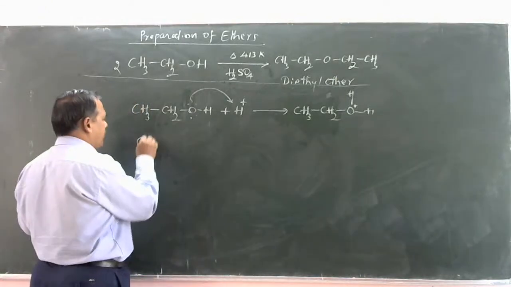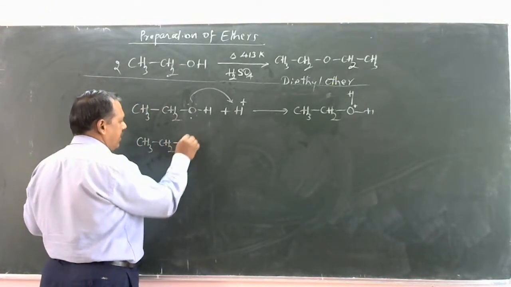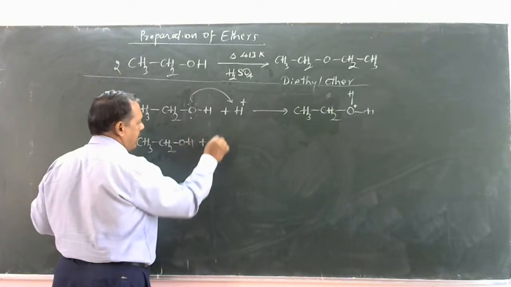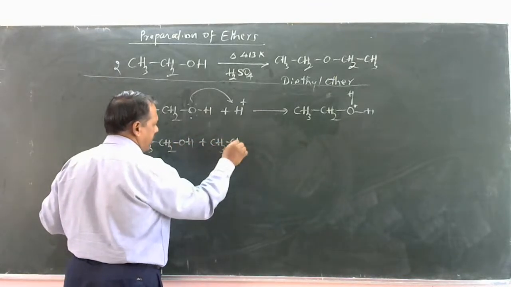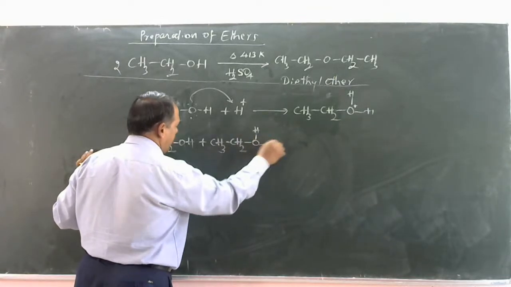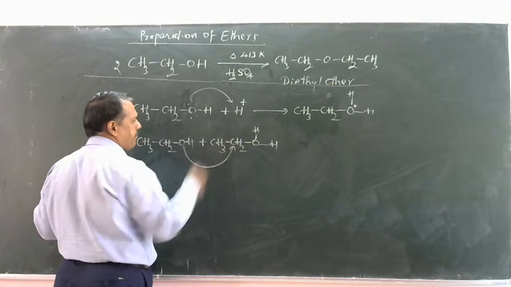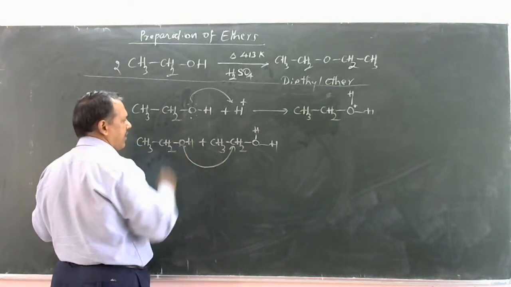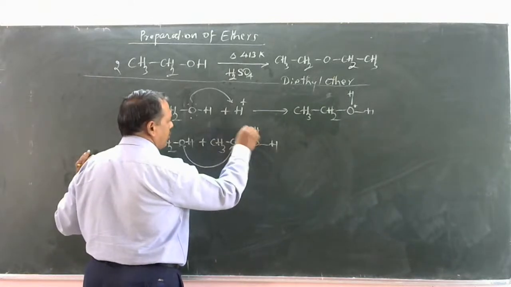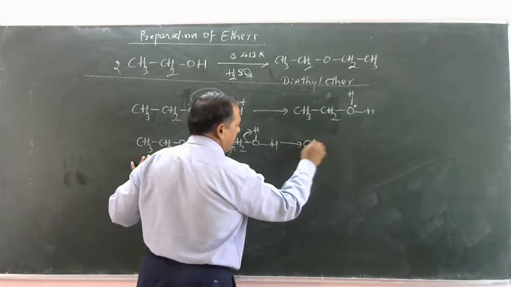Again it reacts with a molecule of alcohol, CH3CH2OH. This oxygen atom attacks the protonated alcohol, and the water molecule is removed. So we will get a protonated ether.